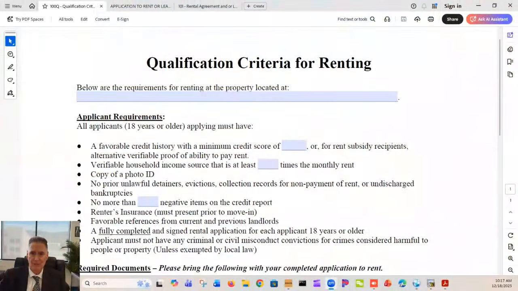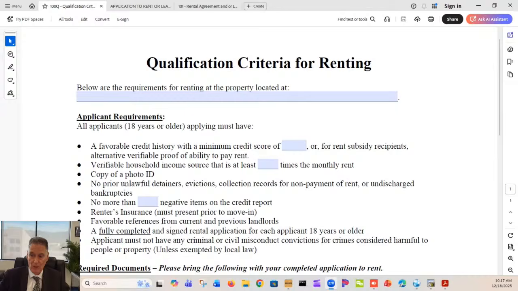And I really think this is a good idea because this will cut down on discrimination cases. So if they're going to claim, oh, you didn't rent the unit to me for discriminatory reasons, you can say, look, this was my criteria. I handed it to you when you came down to fill out the application, and you didn't meet this criteria.